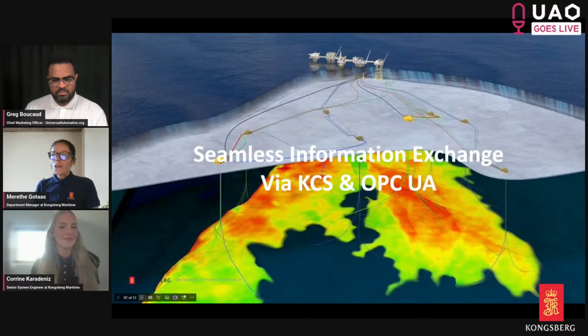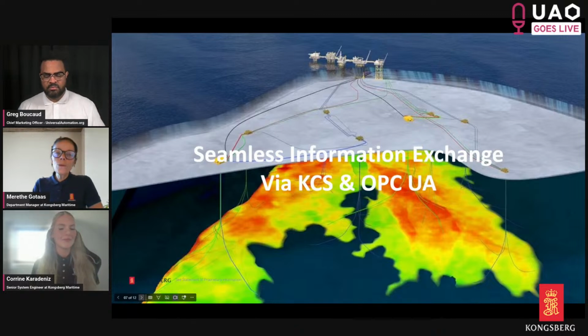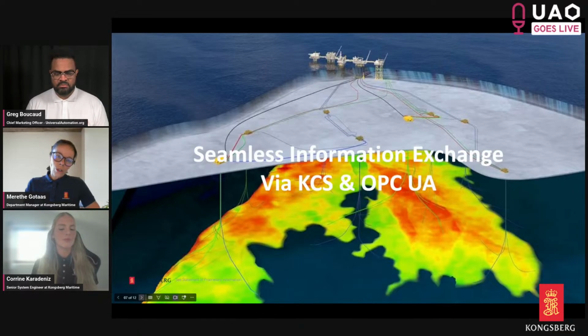Yeah. So our showcase today is taken from the biggest oil producing installation on the Norwegian continental shelf, Johan Sverdrup. Johan Sverdrup is operated by Equinor and consists of 5 platforms. So this demonstrates the seamless information exchange via our control system and OPC UA.